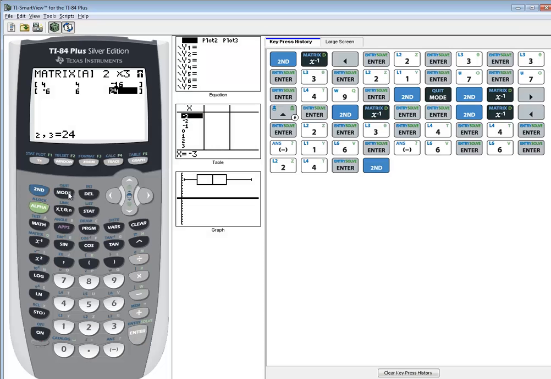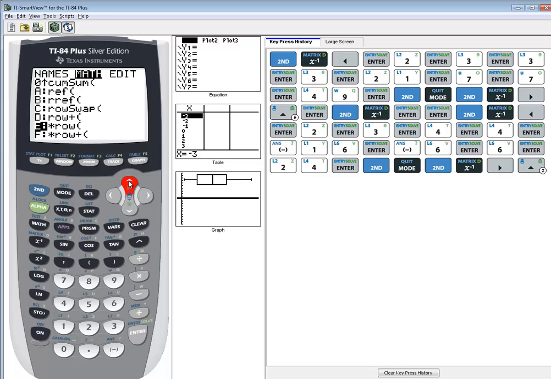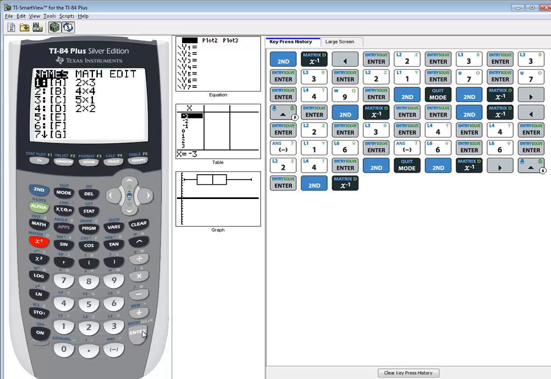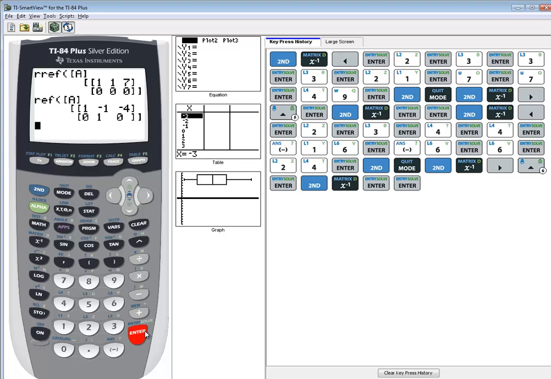Exit out, so do second mode. Go back in my matrix menu. Go over to math. Up arrow to REF. Enter. Go back in the matrix menu. Do enter on A. Enter again.